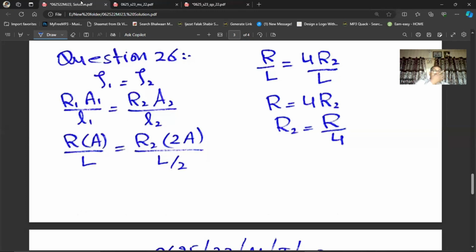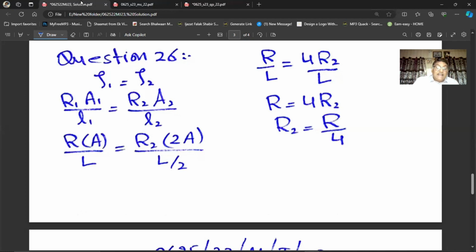Let the resistance of the first wire be R, its cross-sectional area A, and its length L. Now the second wire's resistance is the question, its cross-sectional area is 2A, double that of the first wire, and its length is half. So if the length of the previous one was L, now its length will be L by 2.